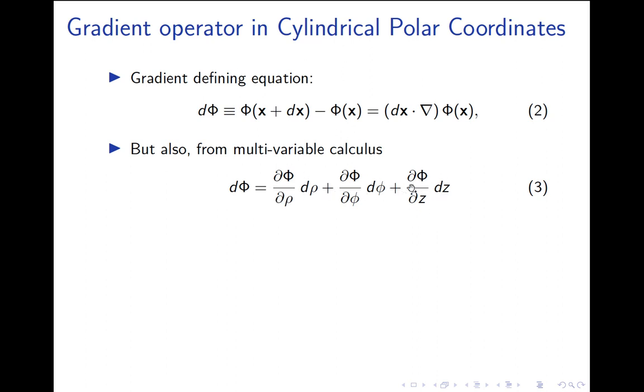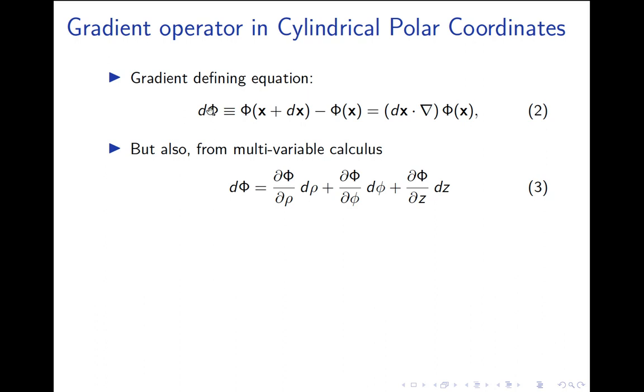This is the change of a function which depends on rho, phi, and z when you make infinitesimal changes dρ, dφ, and dz in the variables, and that is given by this formula.